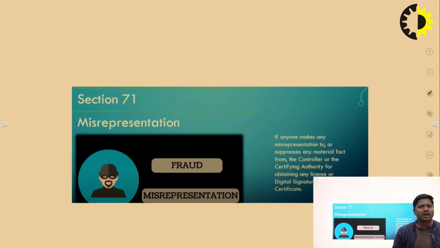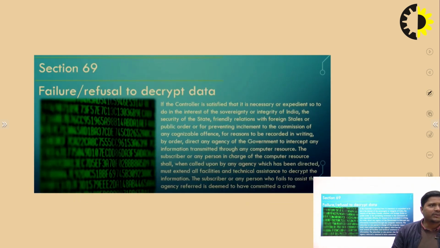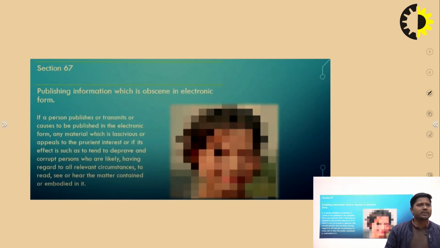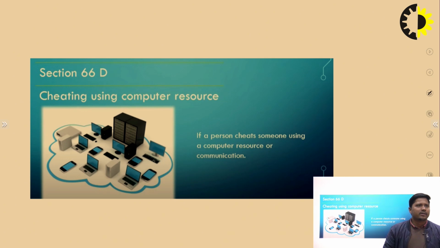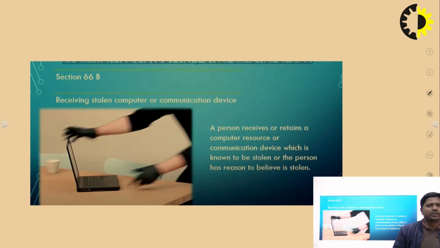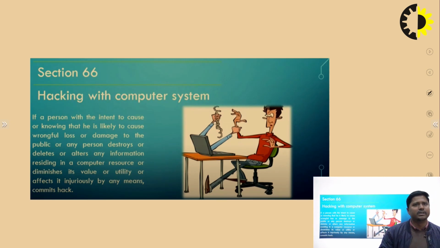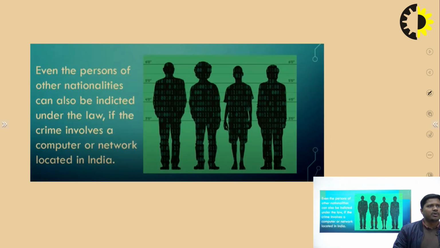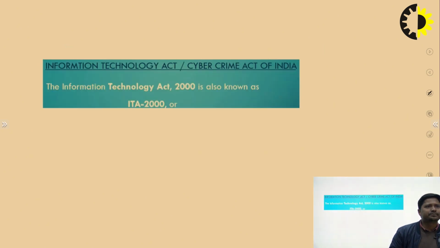So these are some sections, some laws under the IT Act 2000 that will handle or cover individual privacy and data security. So this is all about the IT Act 2000.